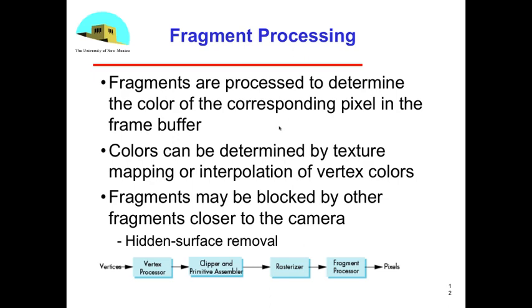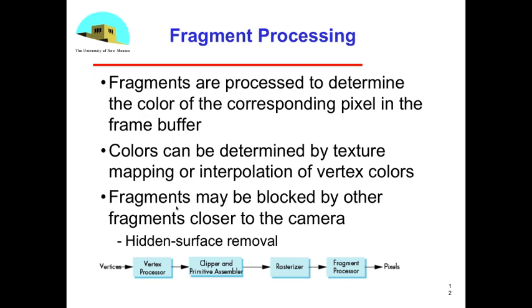Or if we have textures determining the color, say we're trying to paint an image onto the surface of a simple object that we've defined, say a rectangle, that's a texture map, and that occurs in the fragment processor.